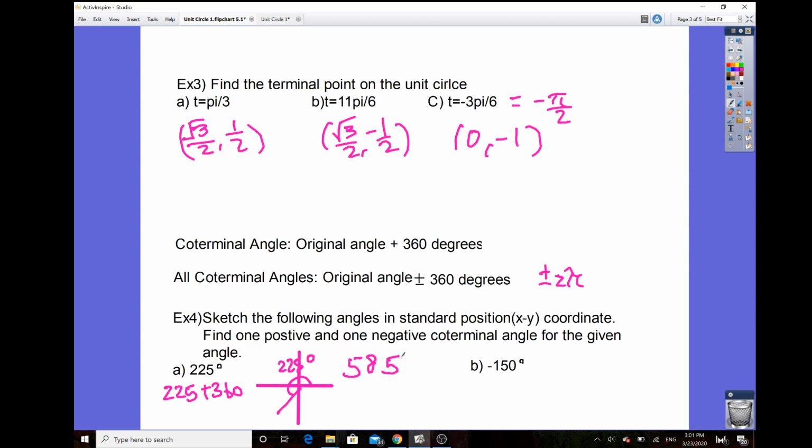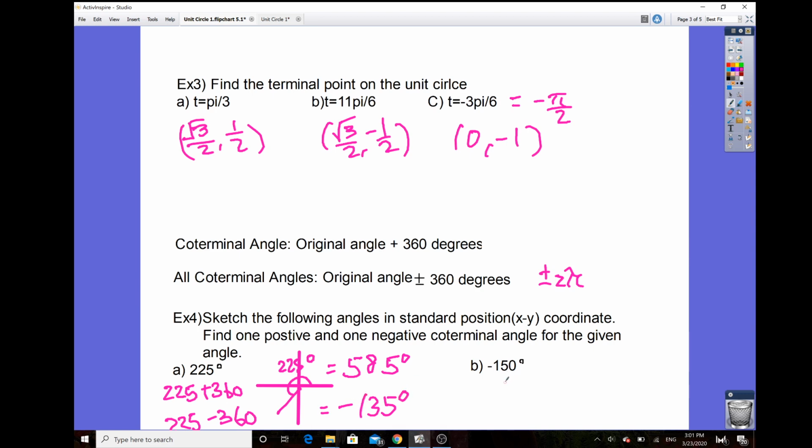So it's 585 degrees. And for the negative, you basically subtract 360 from 225. So 225 minus 360 gives a negative angle. 10 minus 5 is 5, then you borrow 10 from 6, so 5 minus 2 is 3, and then 3 minus 2 is 1. So it's negative 135 degrees.